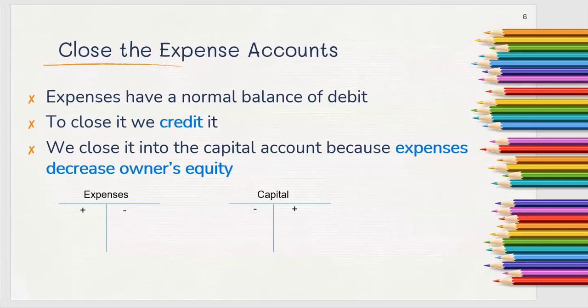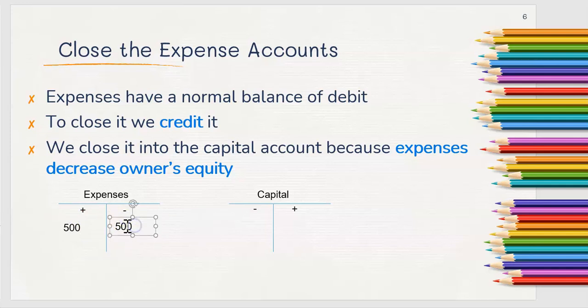Now we have expense accounts. And if you recall, expense accounts have a normal balance of a debit. All right, so to close them, we would have to credit them. So let me go ahead and put in an expense here. We've got a debit of, let's just say, $500 in expenses. In order to zero it out, I would have to credit it $500.